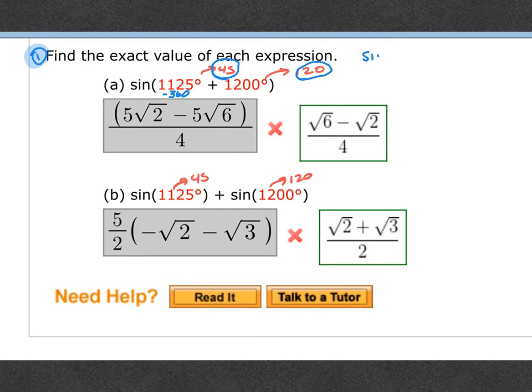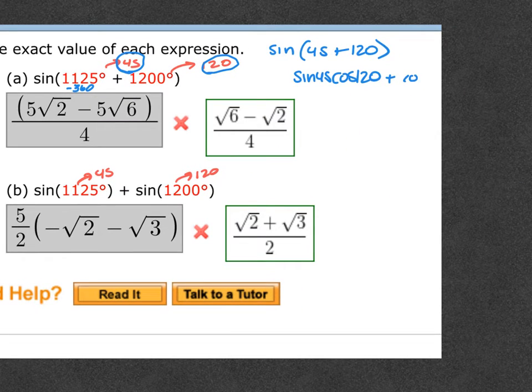So now I'm doing sine of 45 plus 120. So that's sine 45, cosine 120, plus cosine 45, sine 120. And then sine of 45 is root 2 over 2. Cos 120 is negative root 3 of, no, sorry, negative 1/2.